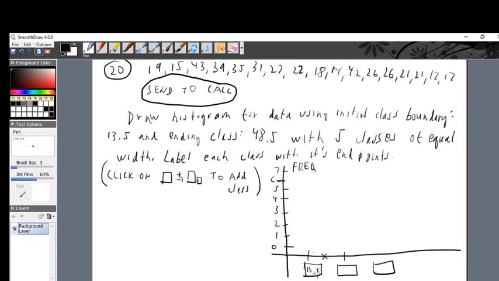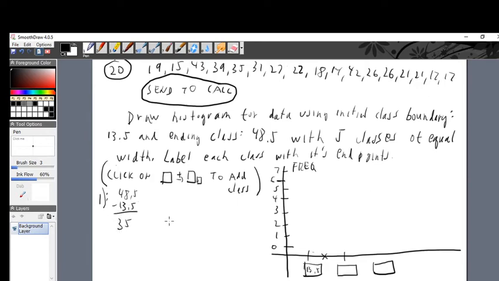I know we're supposed to start with 13.5 and we're supposed to end with 48.5. But what do we do about the middle? We're told that there's supposed to be 5. So here's what you do. Number one, take the 48.5, the highest one that they're telling us to do, and subtract the lowest one, which is 13.5, and what do you get?